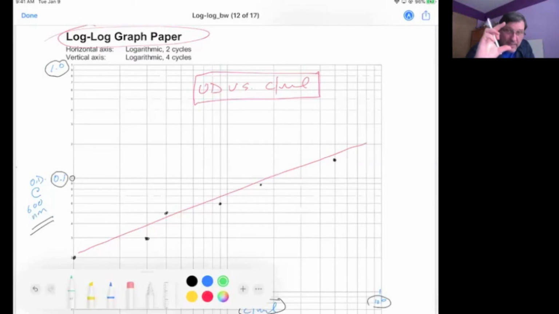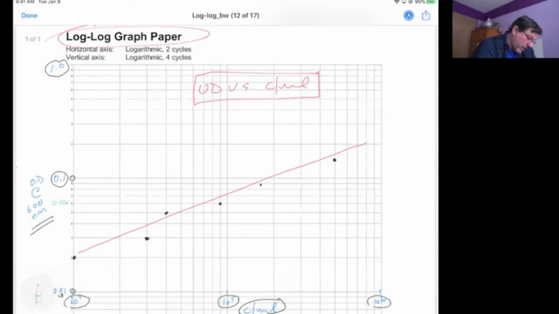I can take my flask, stick it in the spectrophotometer, and get a reading. Let's say I get a reading of 0.06, which is right here. What does that correspond to in cells per mil? You just come across here to your red line, your best fit line. You come down here, and you go, okay, this is 1, 2 times 10 to the 4th, 3, 4, 5, 6, 7, 8, 9, 10 to the 5th.